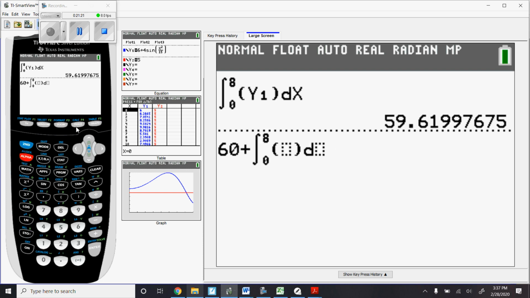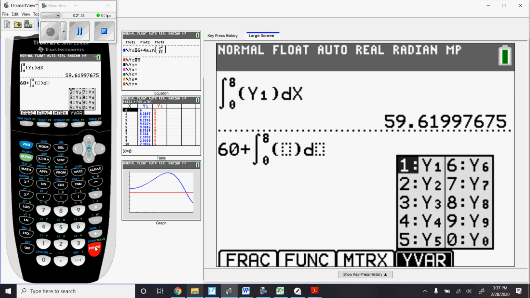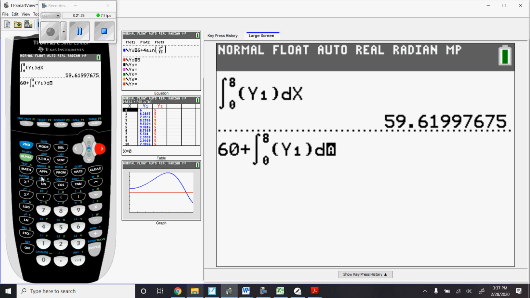I can do alpha trace y1, but I have to subtract the rate out. Now, when I do this integral, you just got to check that this rate out didn't start until time t equals 2. All right, so I'll do 2 to 8. Now, you could use y2 because that's stored in there as y2, but even easier is just the function 5. You could use 5 or y2. 5 is fewer clicks for me, so I'm going to do that.